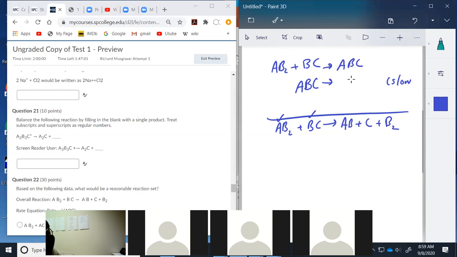Okay, let's have a look. So ABC plus what? B squared. Oh, not B squared, B2 you mean, right? Oh yeah, my bad. Okay. And you can see here that that means we've got that product there. And all we're looking for is AB plus C, so that's it.